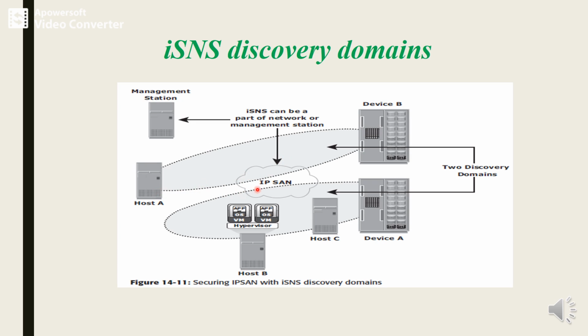So we can functionally group the devices within one discovery domain, and in order to communicate with another device, they must be configured in the same discovery domain. So configuration is necessary in order to communicate within the domains. This is how we can secure IP/SAN with iSNS discovery domains. Within the domains, the devices can communicate with each other, and those devices need to be configured in the same discovery domain.